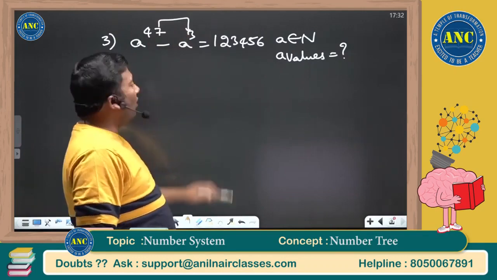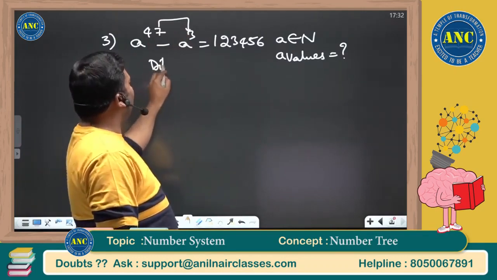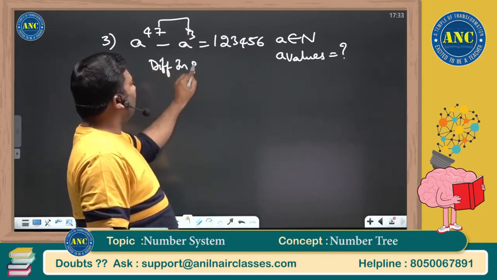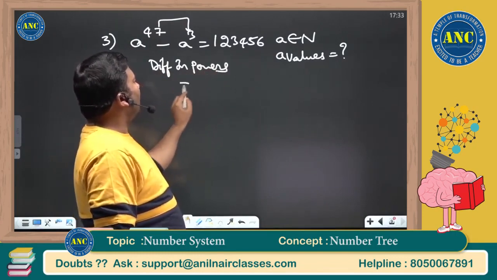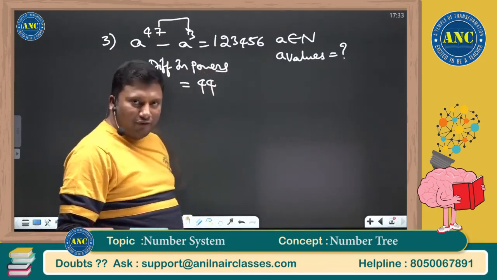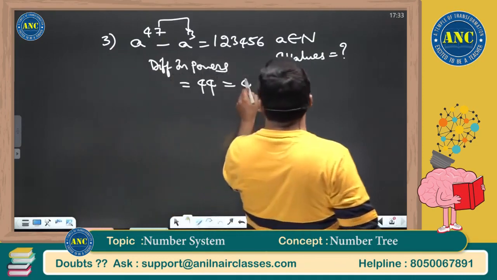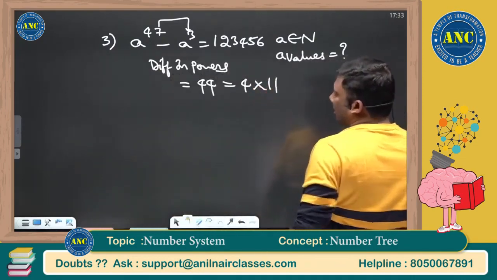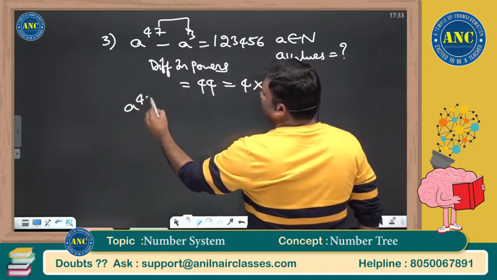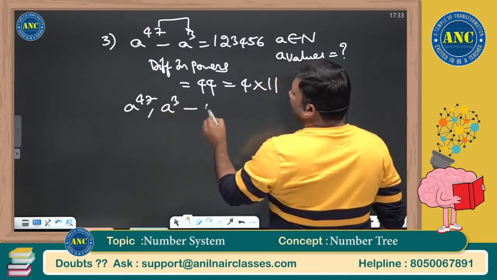47 and 3. What is the difference in the powers? The difference in the powers is nothing but 44. Is 44 a multiple of 4? Definitely yes. That means a power 47 and a cube have the same unit digit.